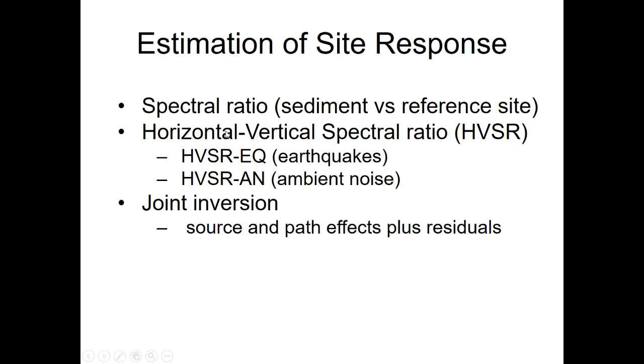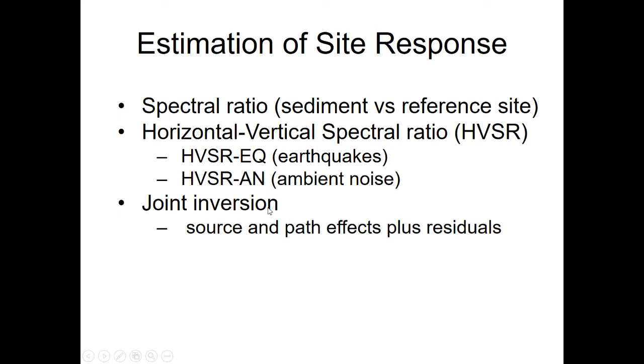There are other methods as well. One is looking at the horizontal to vertical ratio, HVSR. You can do that using earthquakes. Some people also record ambient noise and look at the ratio, and this gives you some information that can help constrain site response.